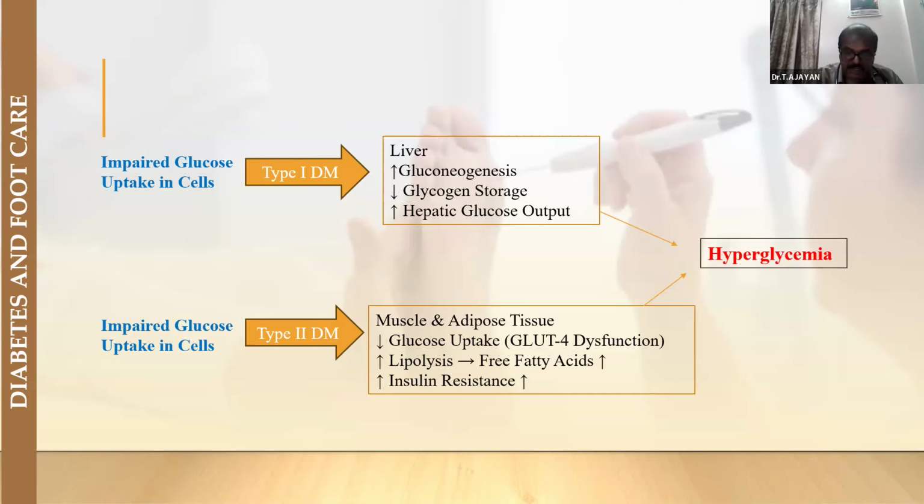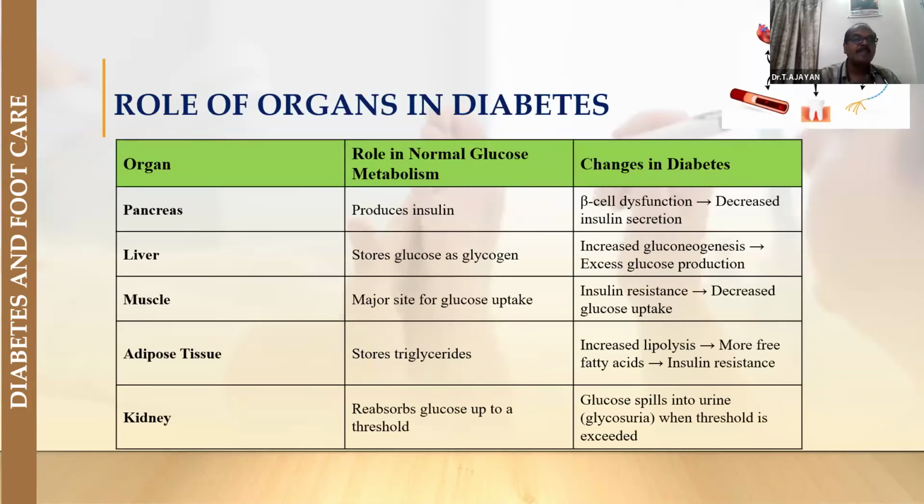This is a very simple way I am presenting the pathophysiology. Now the role of organs in diabetes mellitus. Diabetes mellitus affects not only a single organ; it produces a multi-system disorder involving the pancreas, liver, muscle, adipose tissue, and kidney. In normal glucose metabolism, the pancreas produces insulin. In diabetes, there is beta cell dysfunction and decreased insulin secretion.